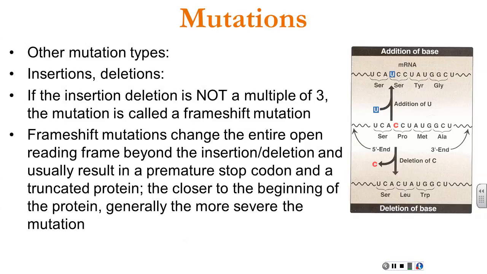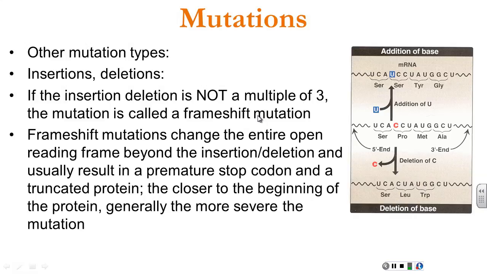Okay? So a multiple of 3 would be 3, 6, 9, 12. Either insertion or deletion of that many nucleotides. Okay, so we're talking about nucleotides here. If it's not a multiple of 3, meaning you have a 1 nucleotide insertion, 2 nucleotide insertion, 4 nucleotide insertion, something like that, we're going to have what's called a frame shift mutation.